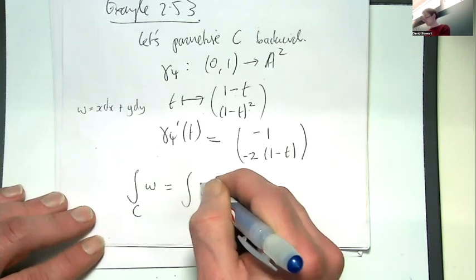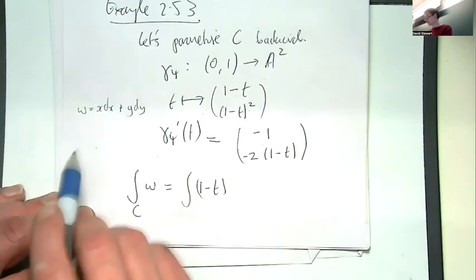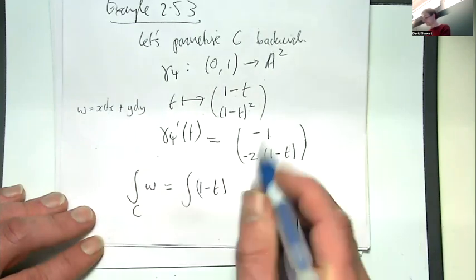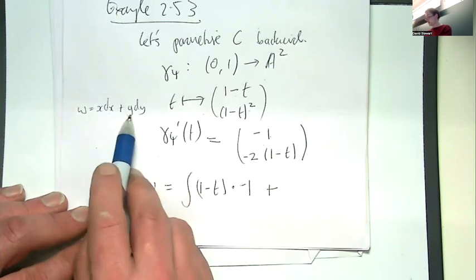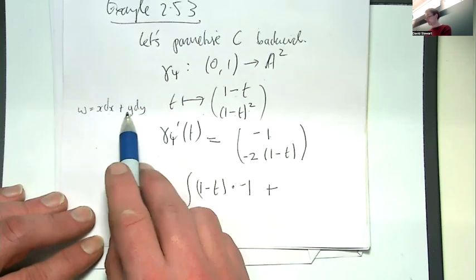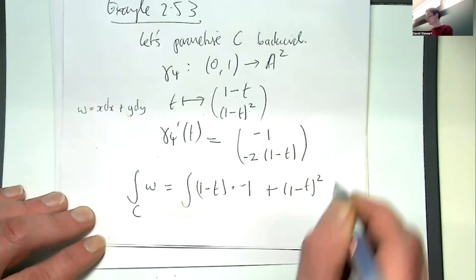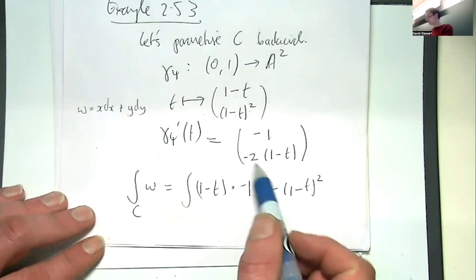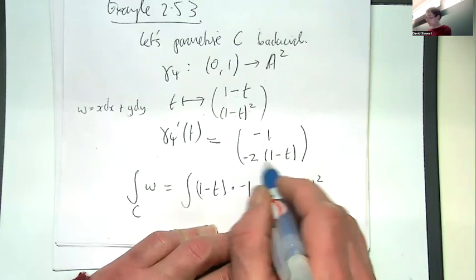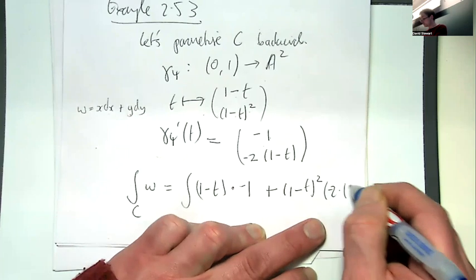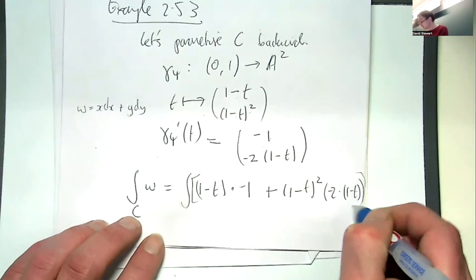So that's 1 minus t, and then we want the speed in the x direction, which is going to be -1, plus the value at the point y of the one form, which is 1 minus t squared, equal to y, and then times the speed of gamma in the y direction, -2 times 1 minus t, and then plus a dt at the end of that.